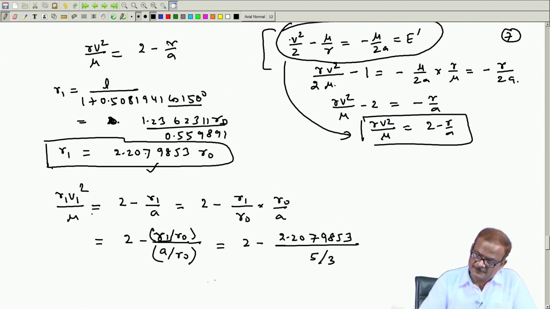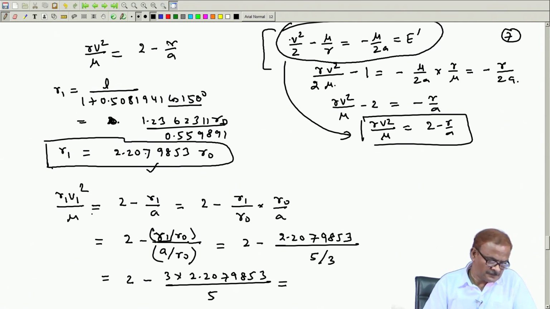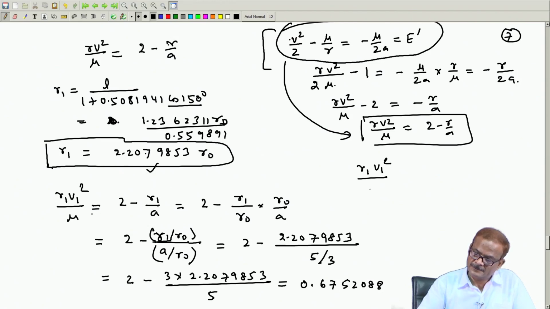So, this is 2 minus 3 into 2.2079853 divided by 5, and this value will get reduced to 0.675288. So, what we have got here, R 1 V 1 square divided by mu, is equal to 0.675288.